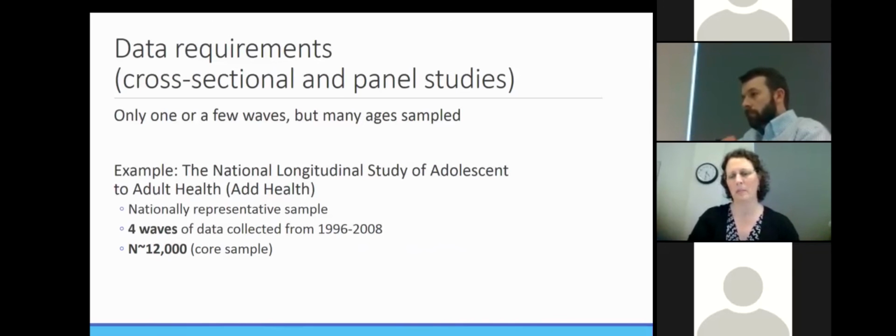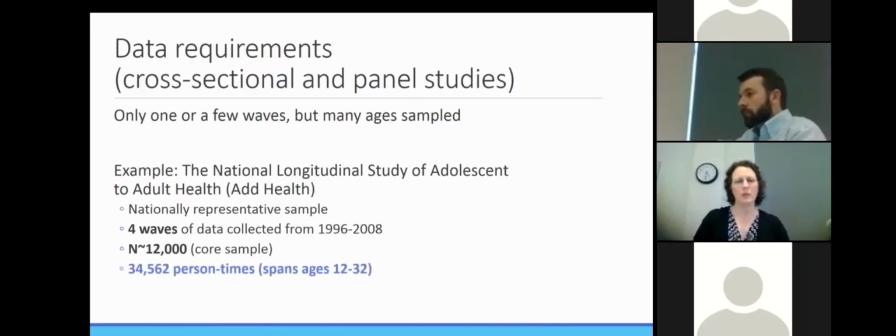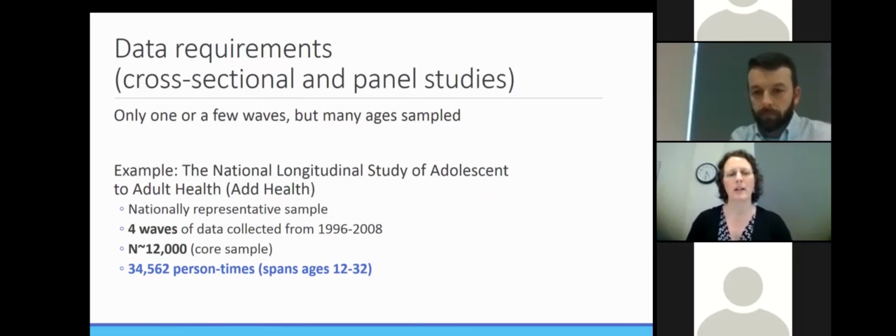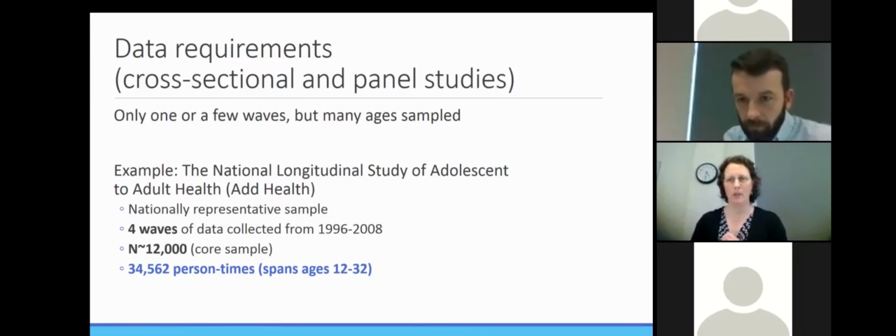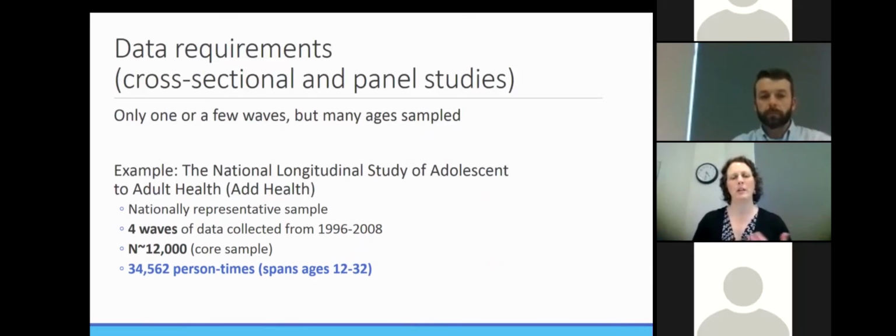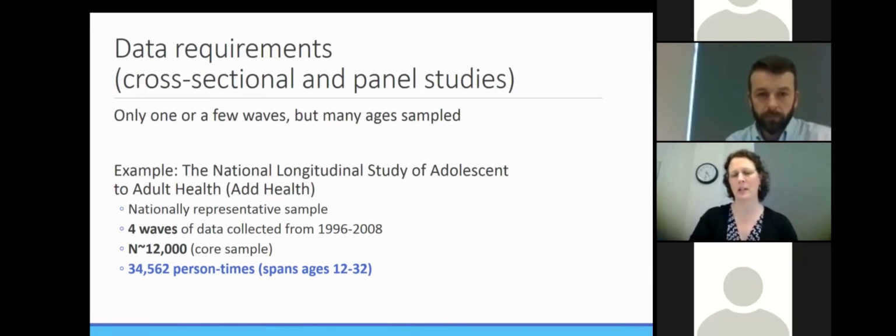But if you look at it in terms of how many data points you have, it's 12,000 by 3.5 or so on average time points per person. We're talking about 35,000 time points, person times, in our data to support this inference of developmental change.